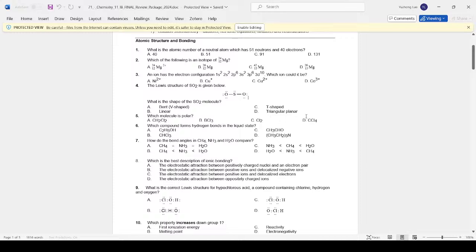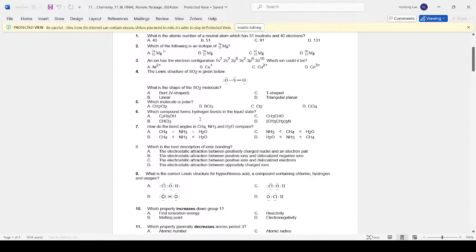Which molecule is polar? Should be this one. Wait, PCO. Yeah, it should be A, yeah. Which compound forms hydrogen bonds in the liquid state?